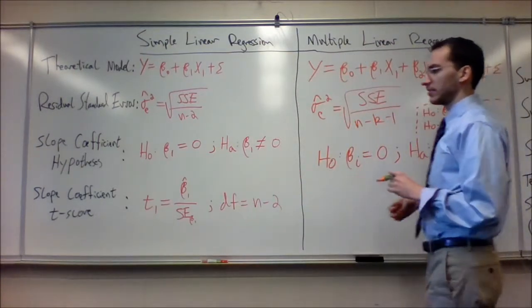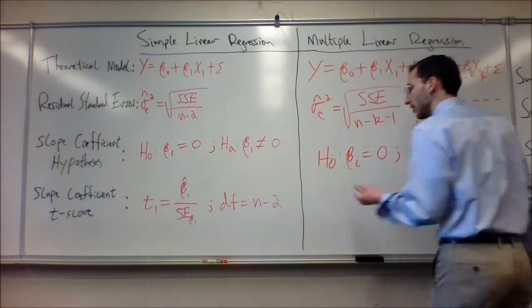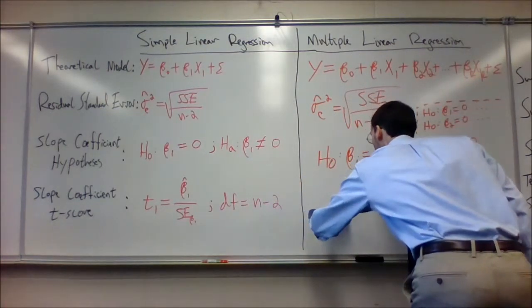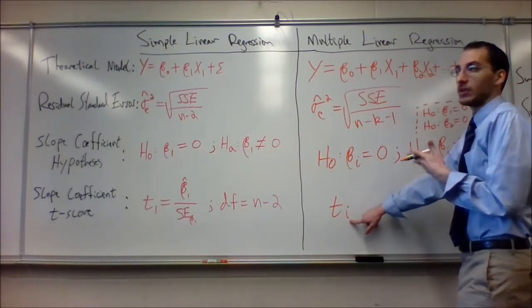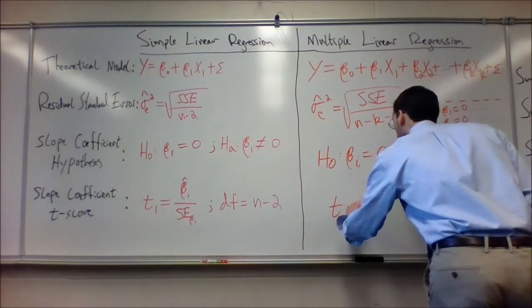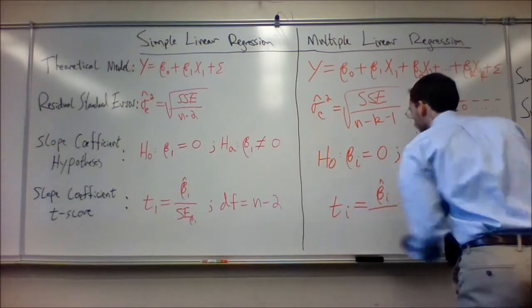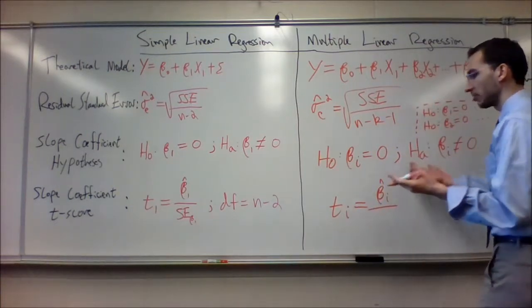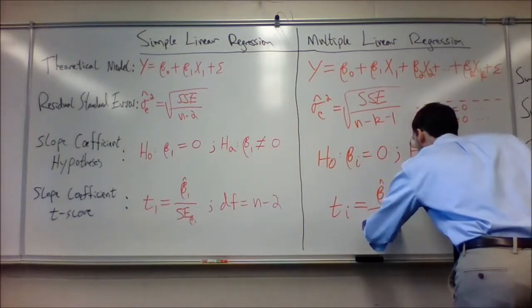So the t-score calculation is the exact same in multiple linear regression, but we just generalize it to say t sub i, to say I'm just doing this for one of my many explanatory variables. And I'm picking the slope coefficient from whatever explanatory variable I'm looking at and dividing it by its standard error.